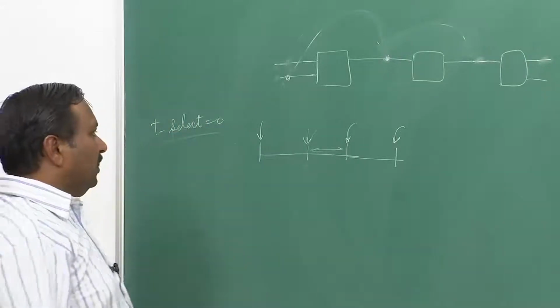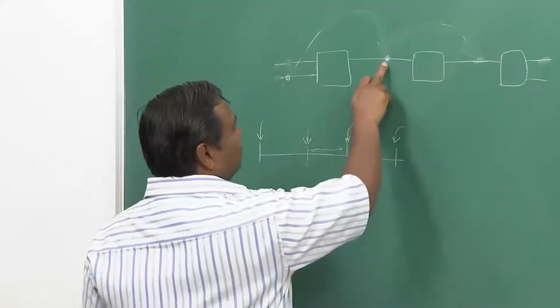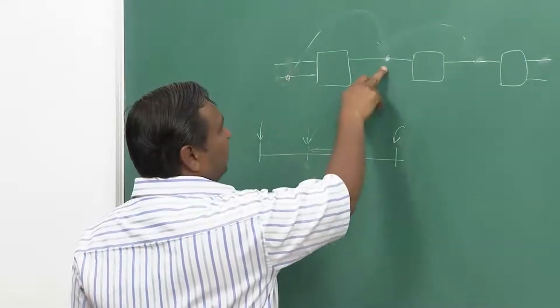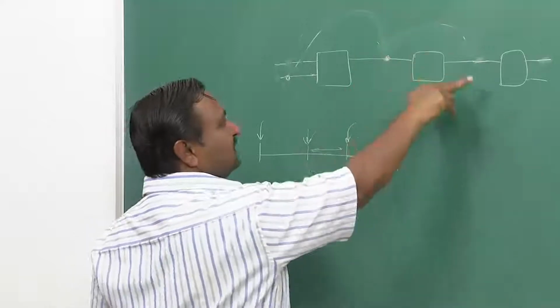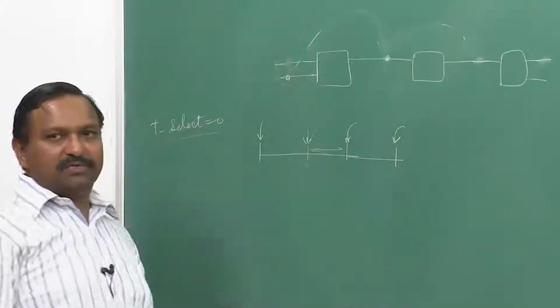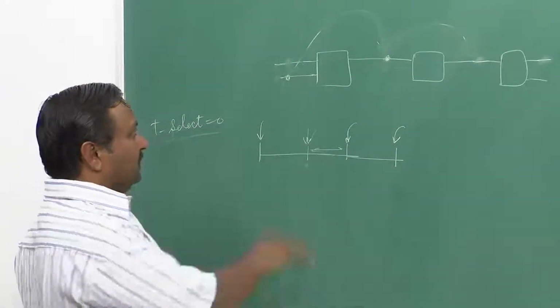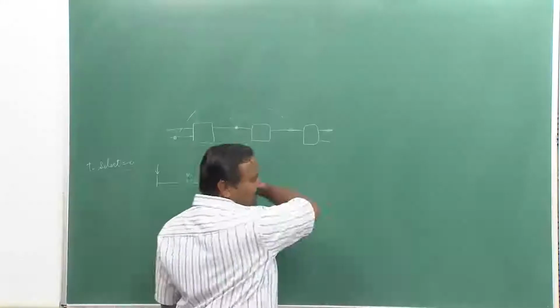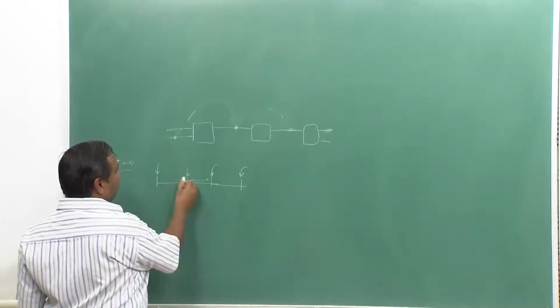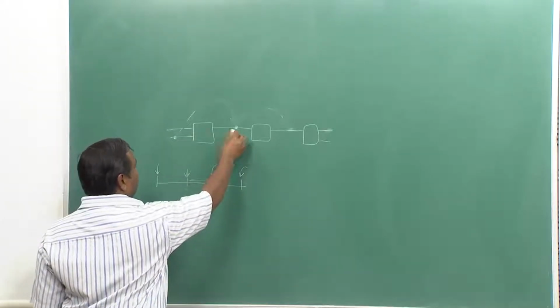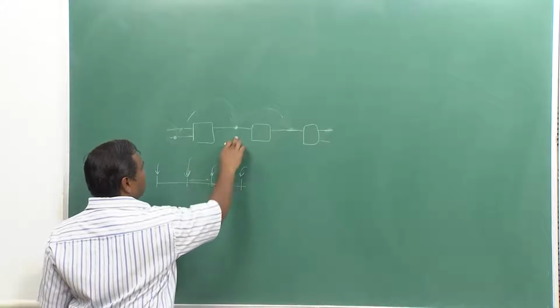Now, at this position, unless this slot is empty, you cannot write this packet here, because in the earlier case when T pass was 0, this packet was instantaneously emptied and the next packet could have been pushed in. So, all packets actually do the jump and there is a cascade effect which cannot happen in this case. So, it will take one full slot for the packet to transmit here. By the end of this is the situation.